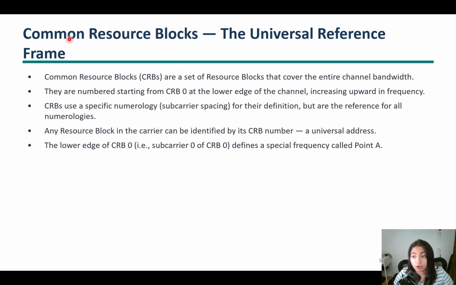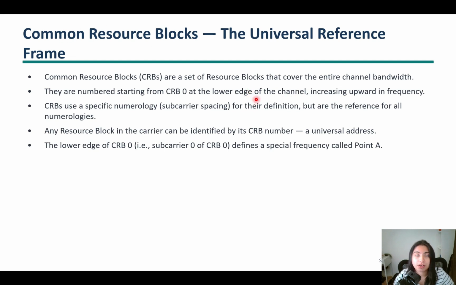Common resource blocks, or CRBs, provide the universal reference point for the entire carrier. They span the full channel bandwidth and are numbered from CRB 0, starting from the bottom edge upwards. The key word here is common. These common resource blocks are the shared map that any numerology can refer back to.